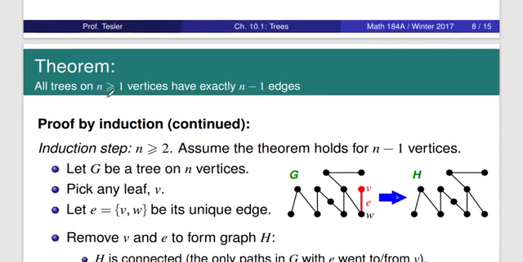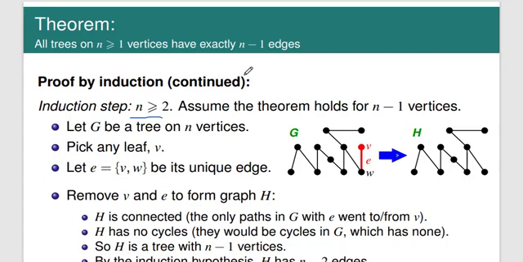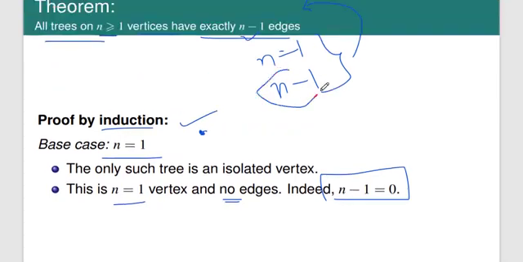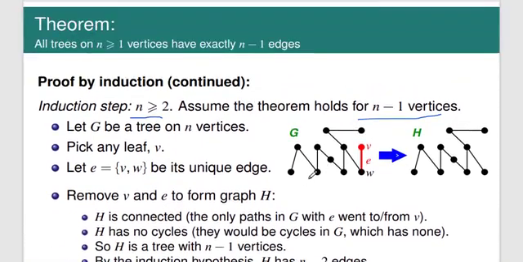Then next we have to find out that it's true for 2 or more than 2. Assume that the theorem holds for n minus 1 vertices. Like this we have to assume that it is true for n minus 1 vertices. Now this is graph g, this is graph h.